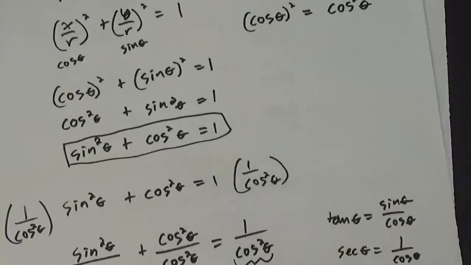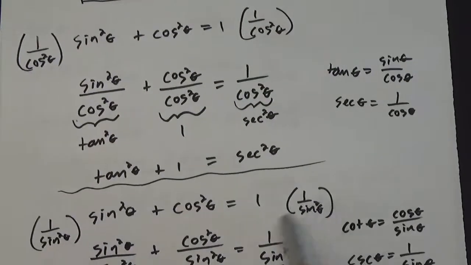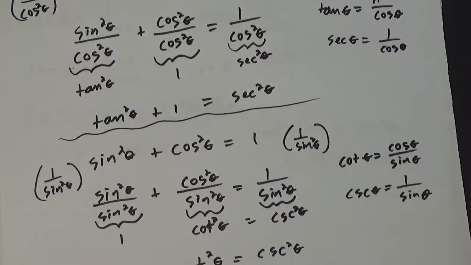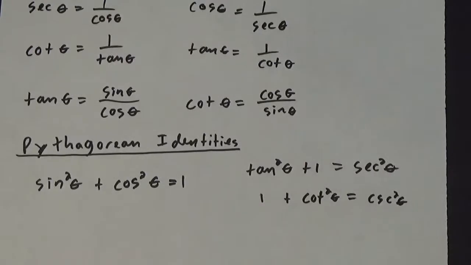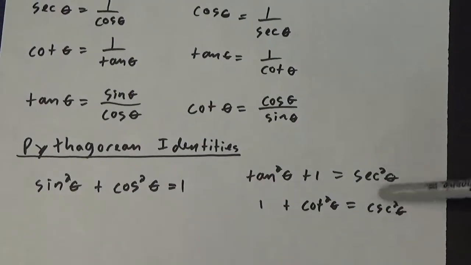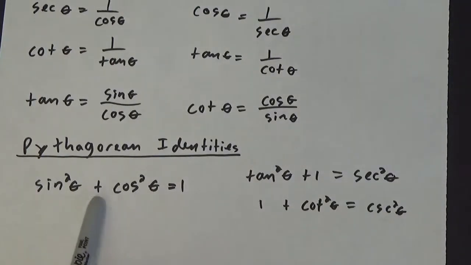For example, if I know I need tangent, I think, I'm going to have to multiply through by 1 over cosine squared of theta and rederive this. Or 1 over sine squared of theta, I multiply that, and I get this identity. So keep in mind that we don't memorize these two. We only know this one, and then it's easy enough to rederive the other two.